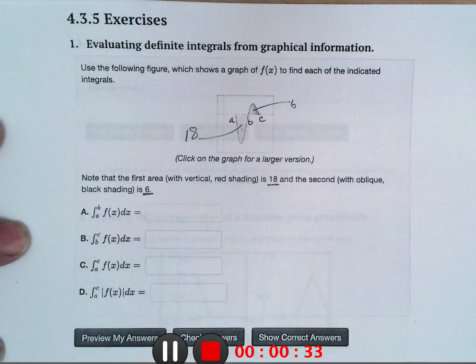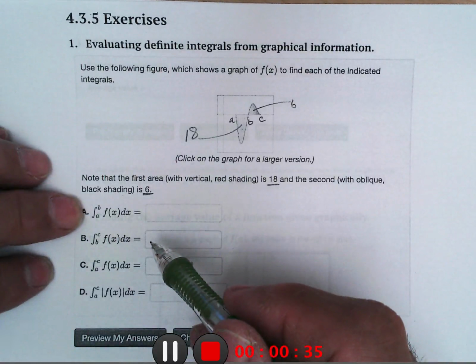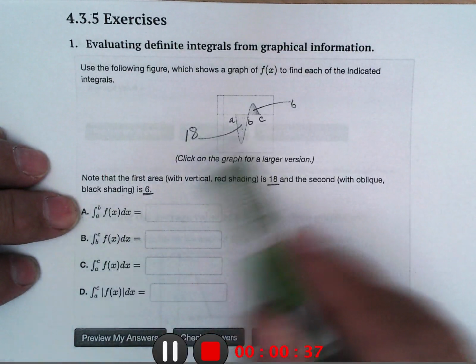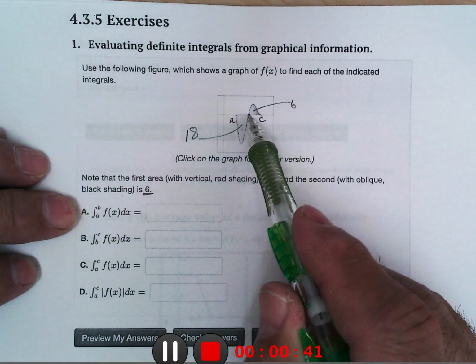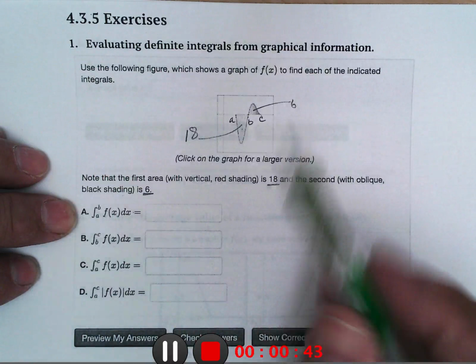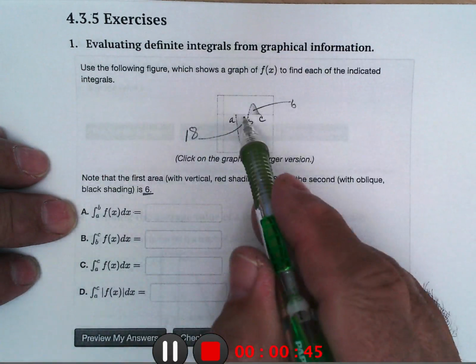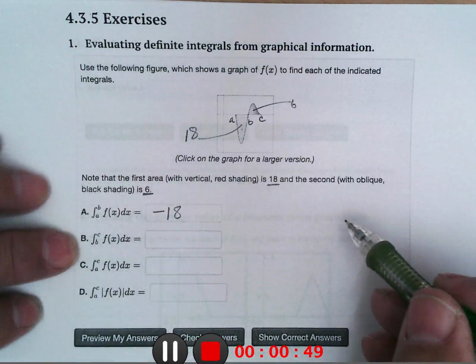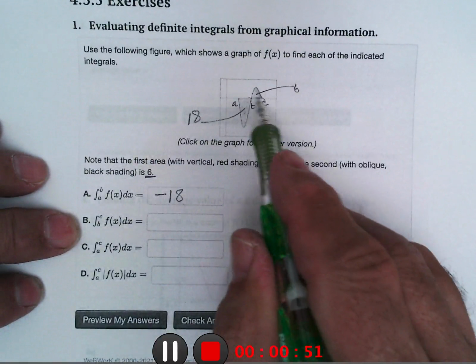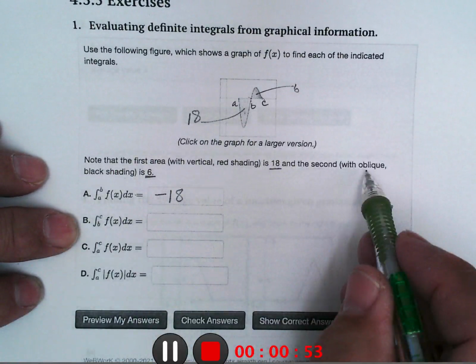Okay, so it says, what's the integral from A to B, where A is here, B is here, C here, of f of x dx? Well, since it's below the x-axis, it would be negative 18. And from B to C, it would be a positive 6.